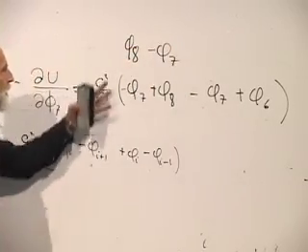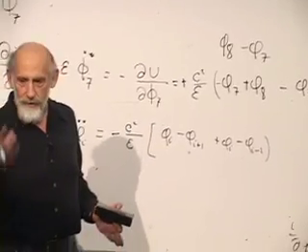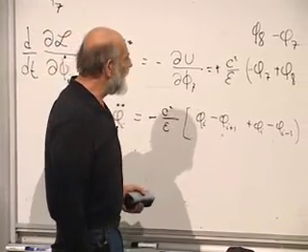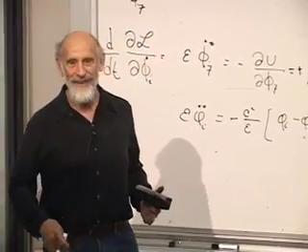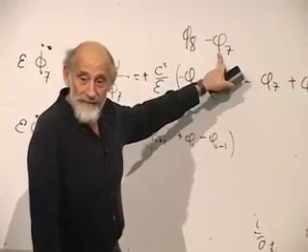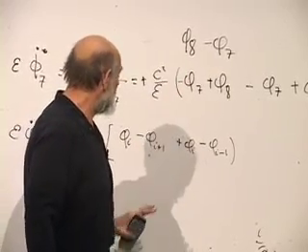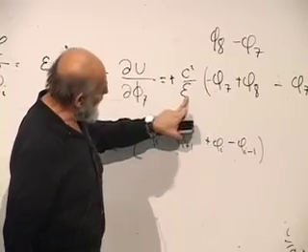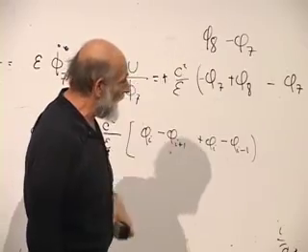What do you think is going to happen to this phi 8 minus phi 7 when we try to take a limit in which it becomes continuous? What happens to the differences when you shrink the gap between things? Well, indeed they go to 0, but just before they go to 0, they're proportional to the derivative of phi. Right? Differences become derivatives. We'll keep that in mind. In particular, notice there's an epsilon in the denominator there. So it looks like we're going to get some kind of derivative.